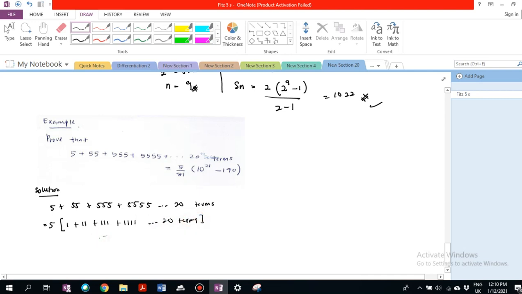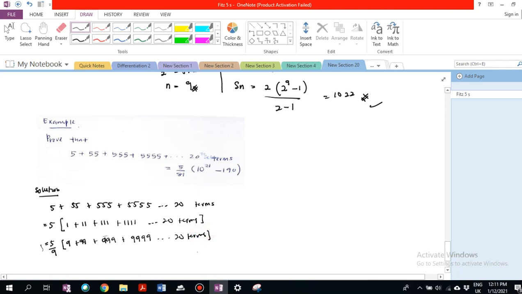Okay, so here we multiply and divide everything by 9, so it becomes 5 over 9 times (9 plus 99 plus 999 plus 9999) in 20 terms.